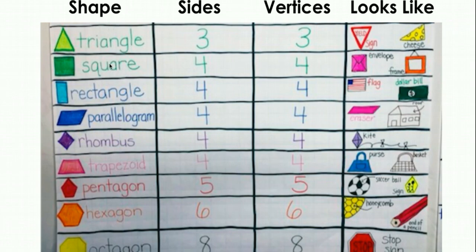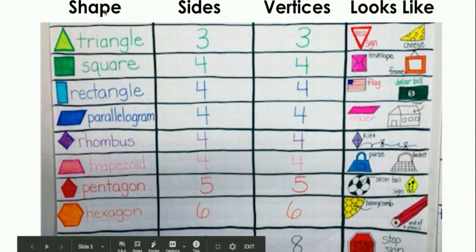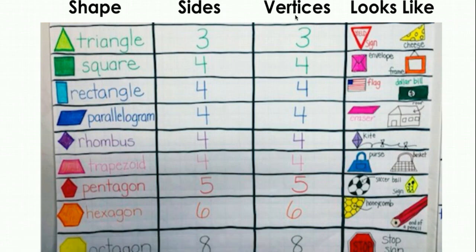Here's the shape column, or the polygon column, number of sides, number of vertices or angles, and what it looks like in real life. So our first shape is the triangle. Tri means three. So if you think about a tricycle, a triceratops, three angles, three sides. That is a triangle. Looks like a yield sign or a piece of cheese in real life.